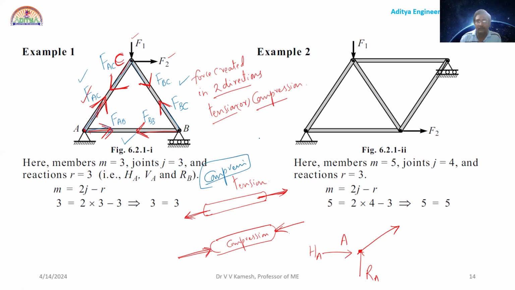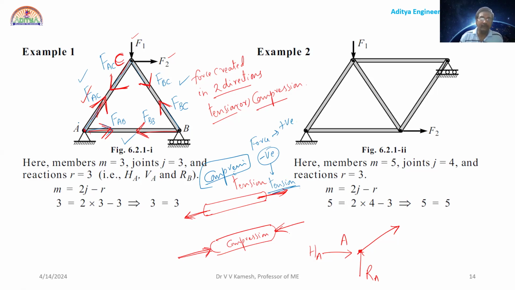If I am correct, the force will become positive, right? Suppose the force is negative, that means my compression assumption is not correct. So once I am getting the negative, I need to confirm that tension is created inside the member. Suppose F_AC is some minus, so I need to clarify that F_AC will be a tension force, right?